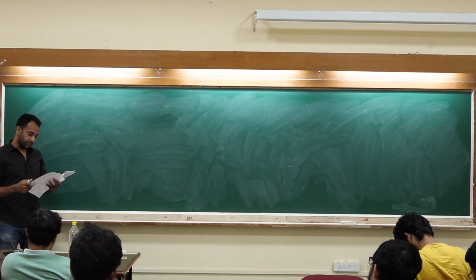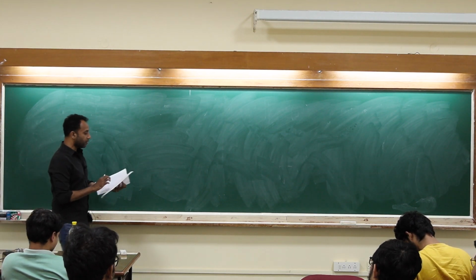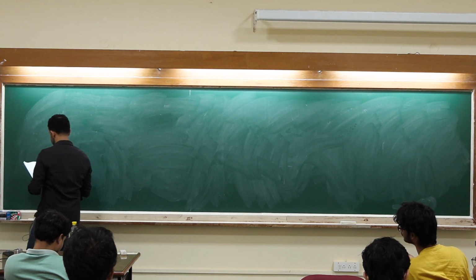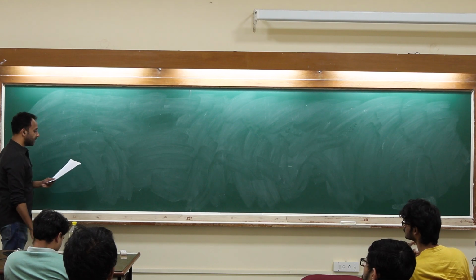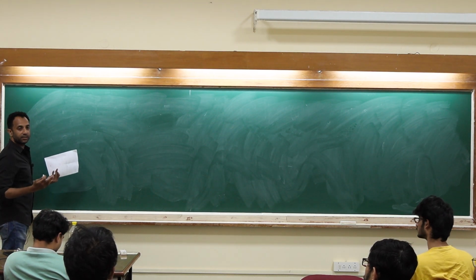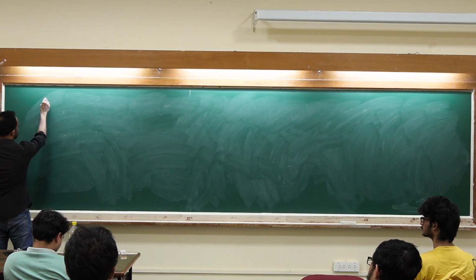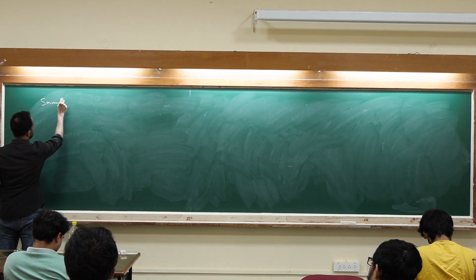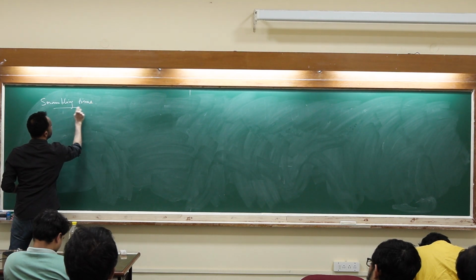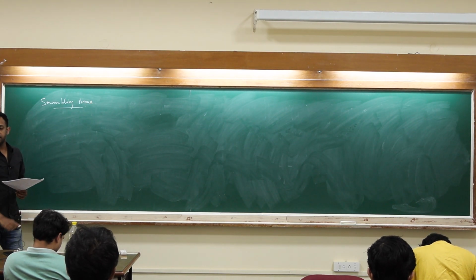One more thing I wanted to emphasize, very roughly speaking, is the scrambling time, because I don't know whether I said it last time. Scrambling time shows up in these discussions of Hayden-Preskill.